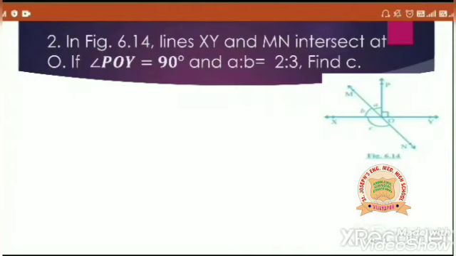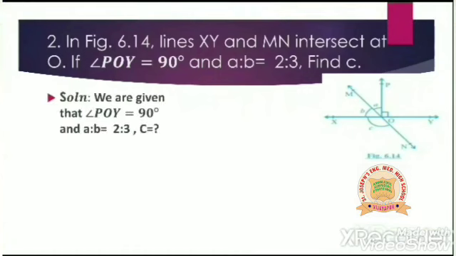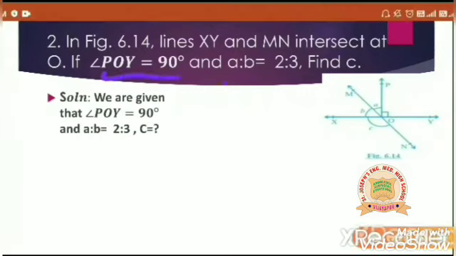Okay, let us solve. The solution: we are given angle POY is equal to 90 degrees. Next, A is to B is equal to 2 is to 3. Both values they have given. Angle C we need to find out in this diagram.